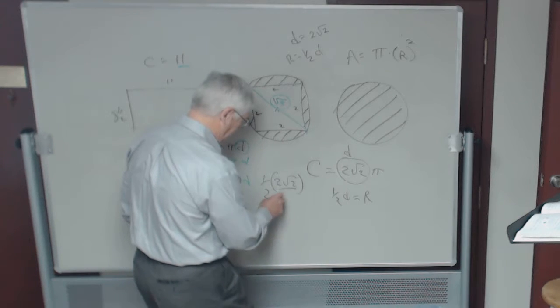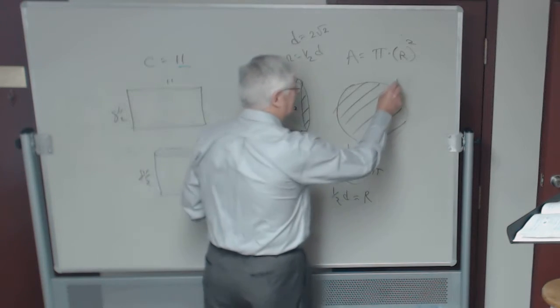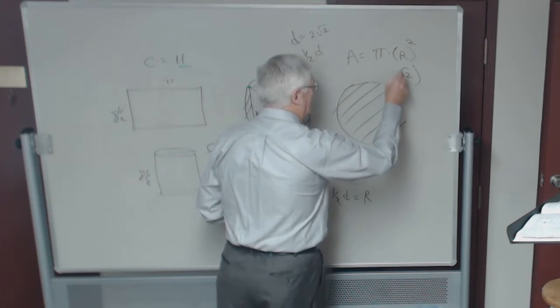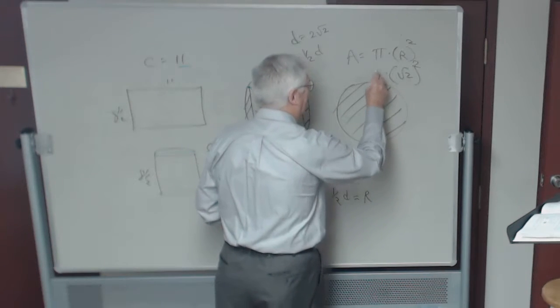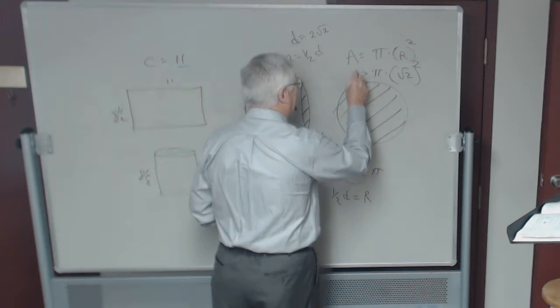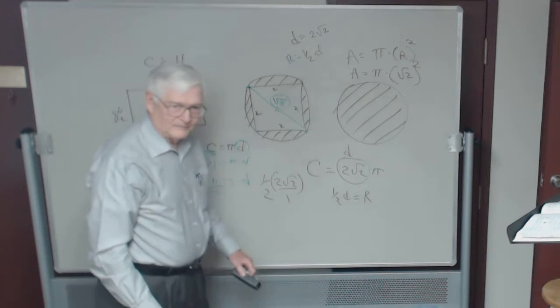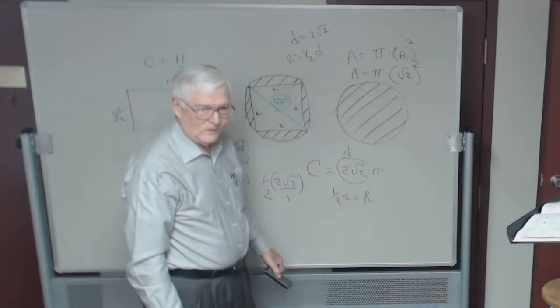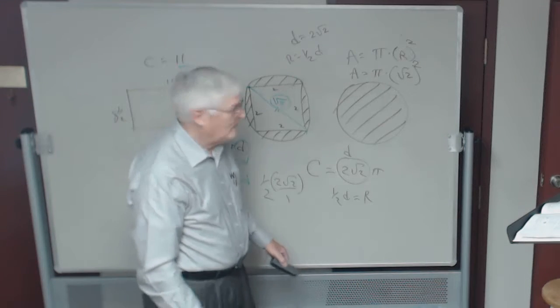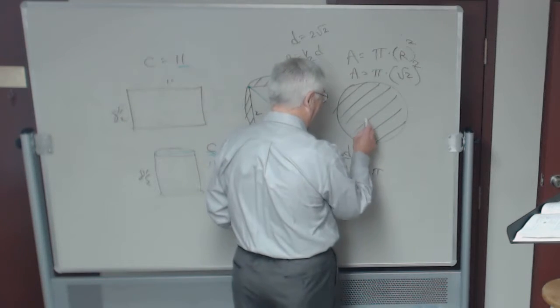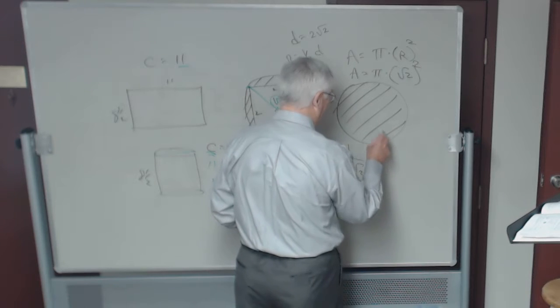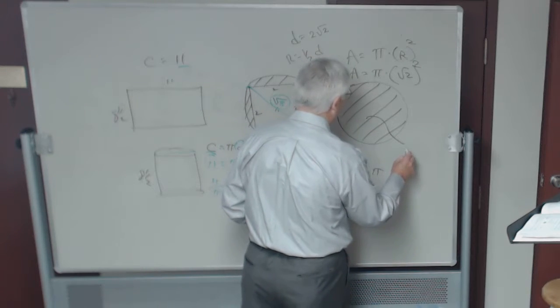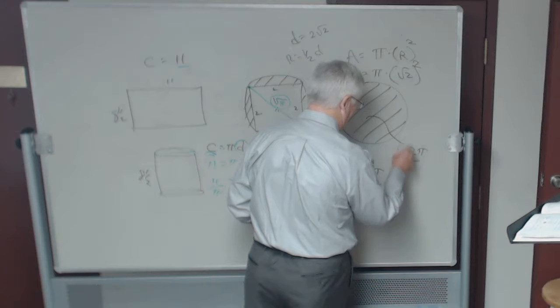Wouldn't it just be the square root of 2? Mm-hmm. So the square root of 2 squared times pi equals the area. What's the square root of 2 squared? 2. So this whole area is 2 pi.